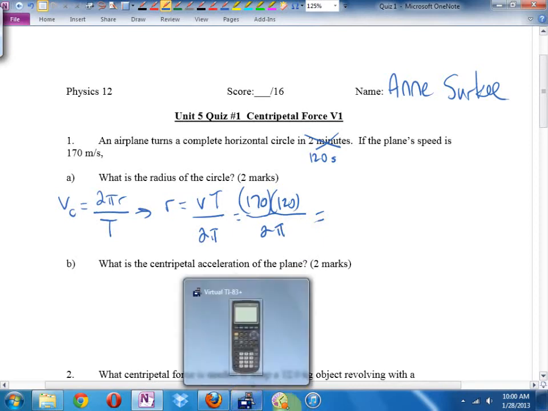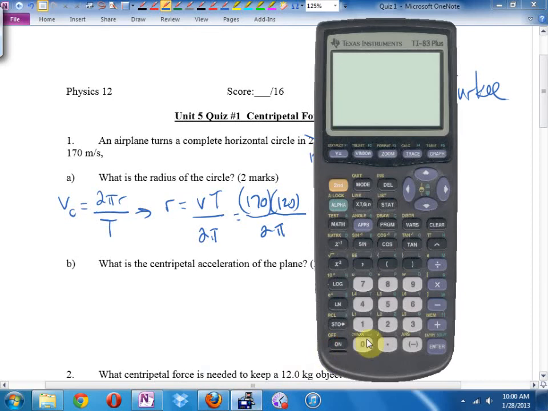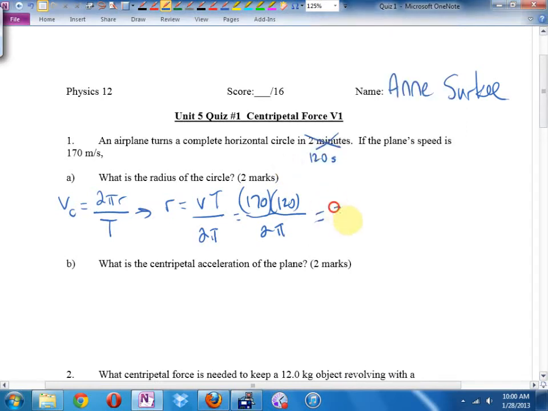Come on, pen. Come on, calculator. It's going to be 170 times 120 divided by 2 pi. And you get a radius of 3.25 times 10 to the third meters.